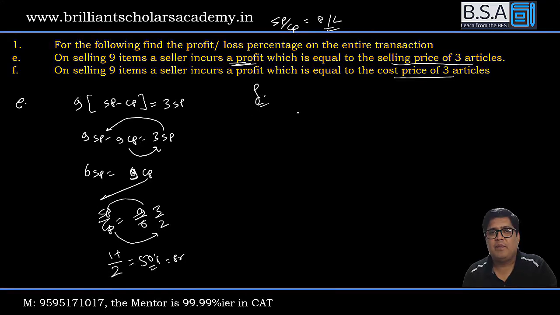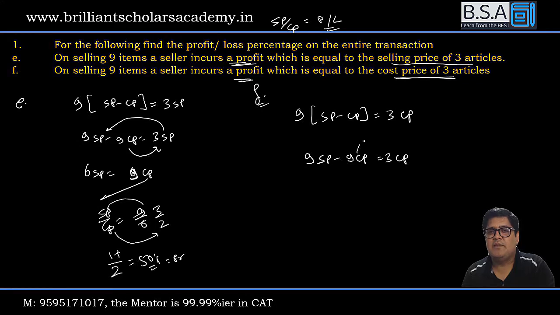Here we have, on selling 9 articles, SP minus CP is the profit. What is the profit equivalent to? Cost price of 3 articles, which is 3 CP. So 9 SP minus 9 CP equals 3 CP. I'll move it to the right side: 9 SP is equal to 12 CP.